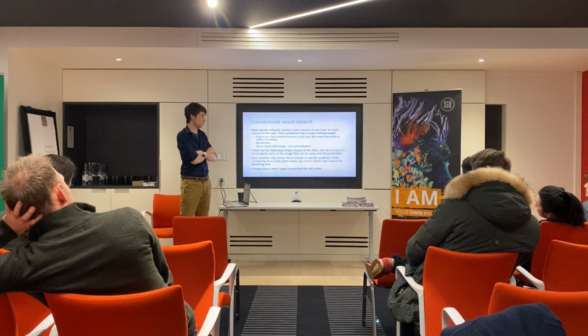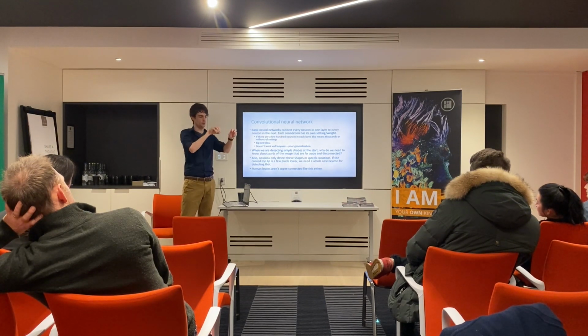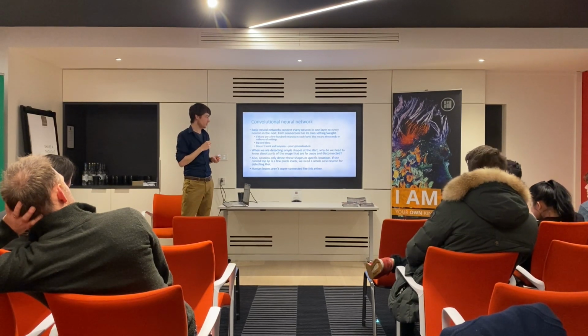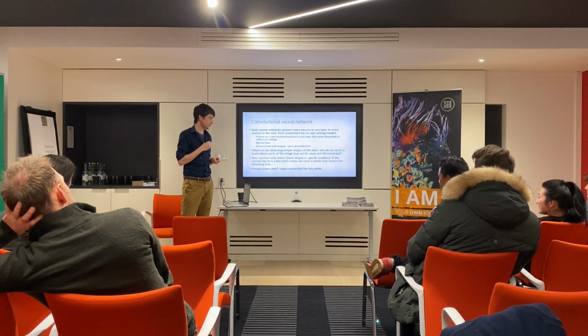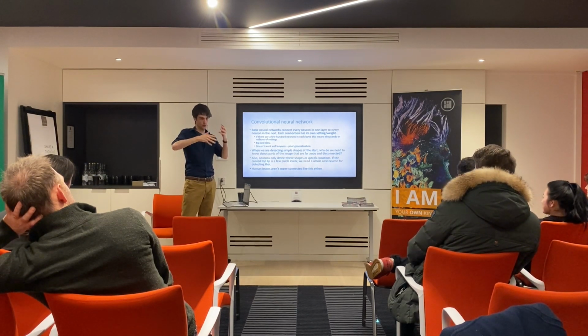So that was a simple artificial neural network where every neuron in the previous layer was connected to every neuron in the next layer. There's a few reasons that might not be the best idea. Number one, that means there's loads and loads of connections.